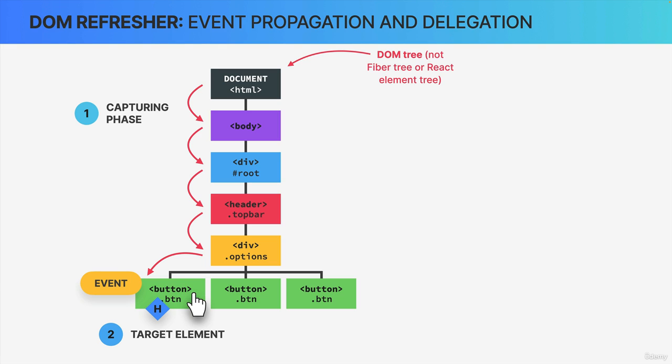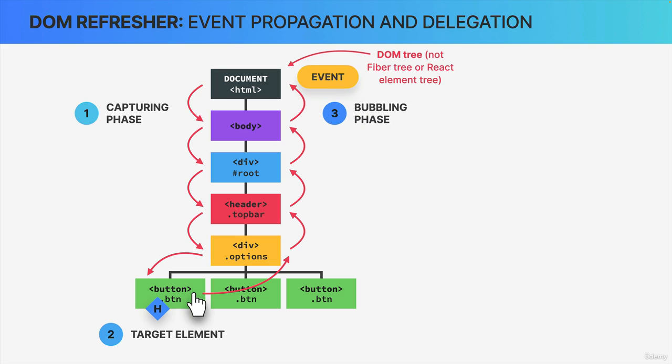Then, immediately after the target element has been reached, the event object travels all the way back up the entire tree during the so-called bubbling phase. Now, there are two very important things to understand about this process. The first is that during the capturing and bubbling phase, the event really goes through every single child and parent element one by one.